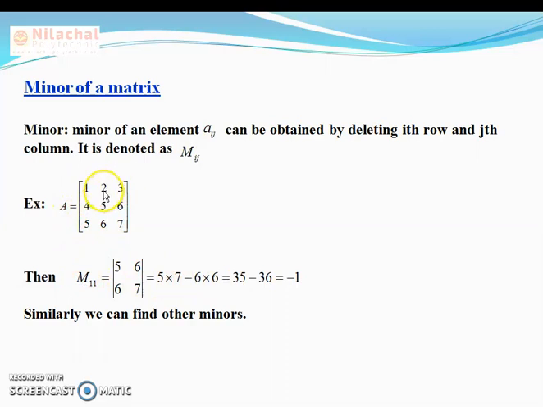Suppose this position is M12, that is the minor of A12, which means you have to delete the first row and second column. So what are the rest elements? 4, 6, 5, 7. So you arrange this determinant, then you again find the value by using the cross multiply formula. Clear? So similarly we can find the other minors.